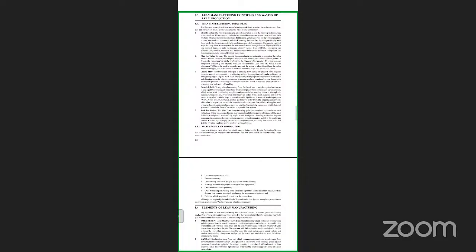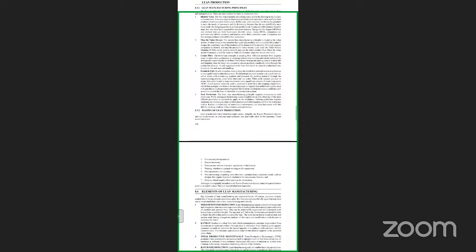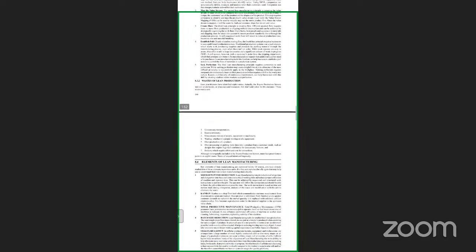Next is waste of lean production. Lean practitioners have identified 8 wastes, and especially the Toyota production system has laid out 7 wastes, or processes and resources that don't add any value for the customer.